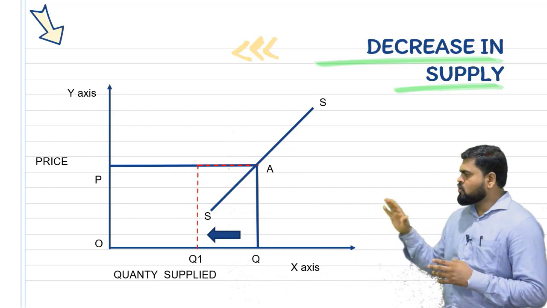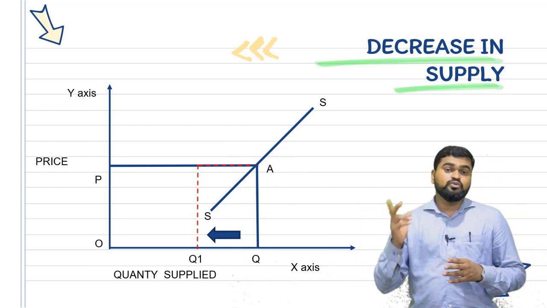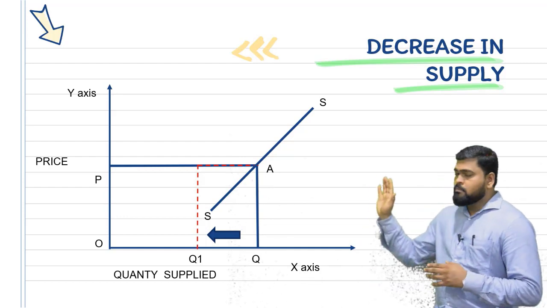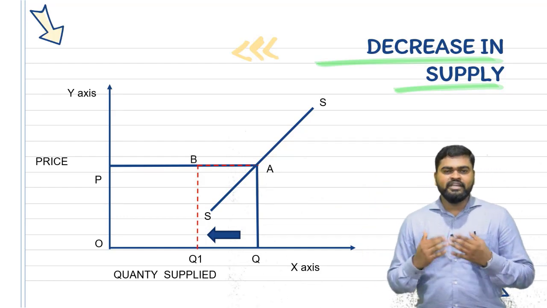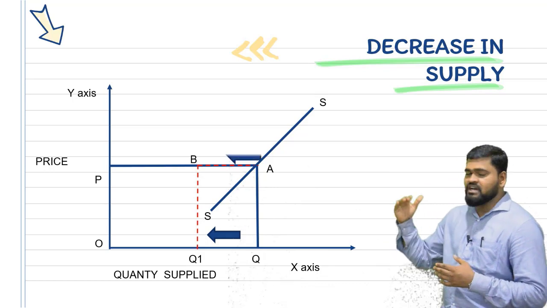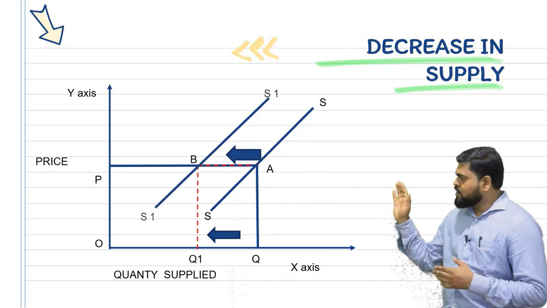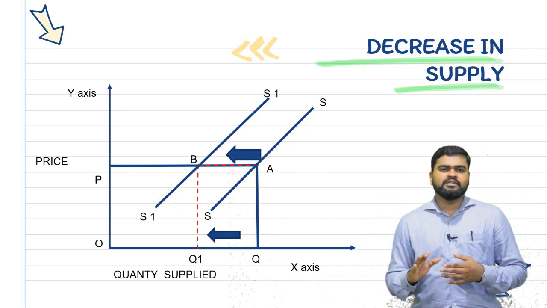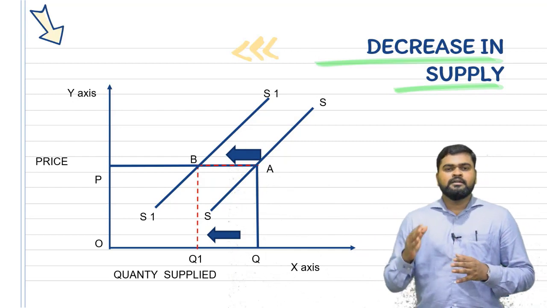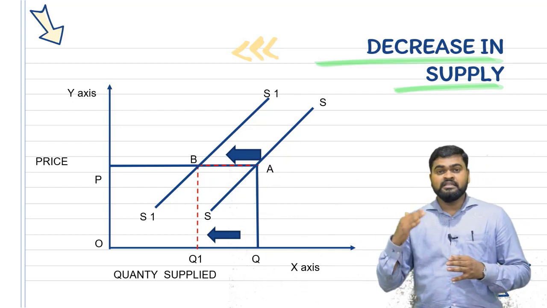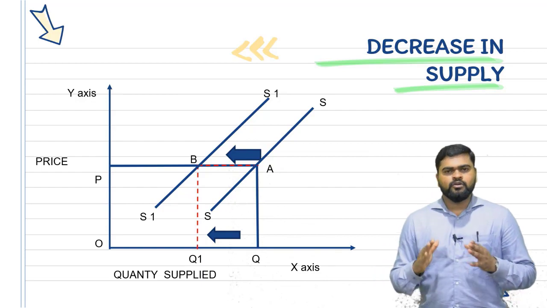Here price remaining constant, quantity supply decreases due to change in other factor. We have backward shift in supply curve. New supply curve is formed, that is S1. We move from point A to B in a backward direction, and this is simply called decrease in supply due to changes in other factor, price remaining constant.